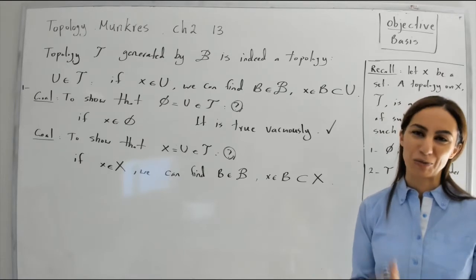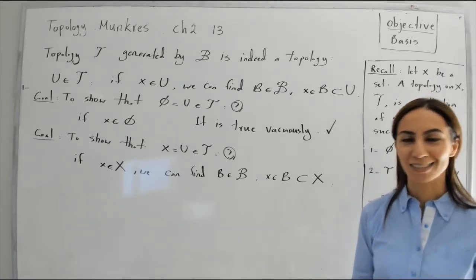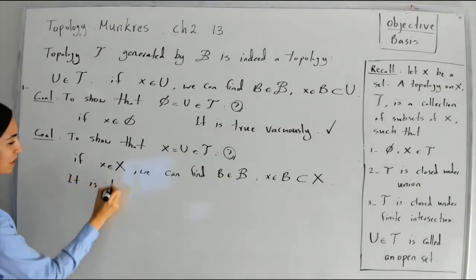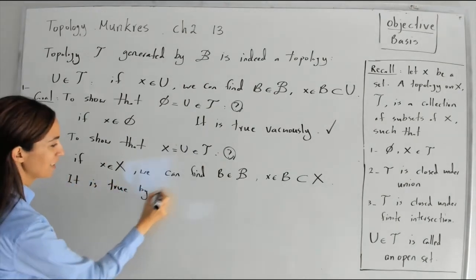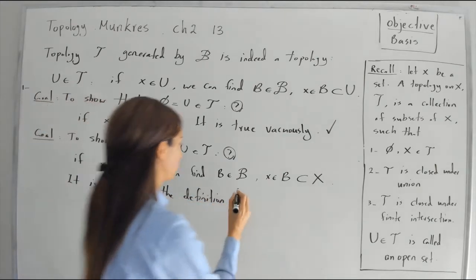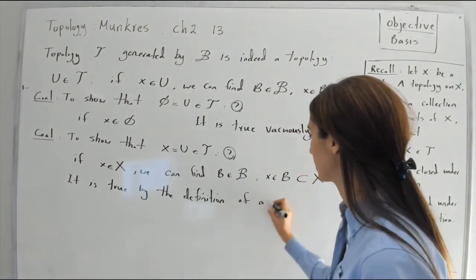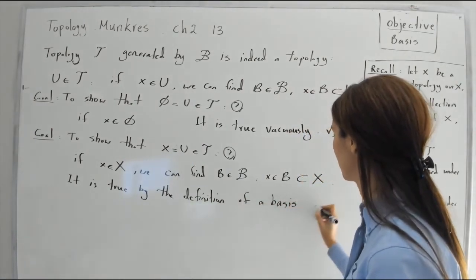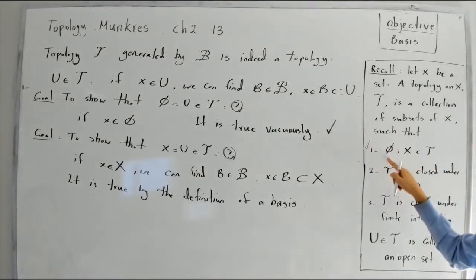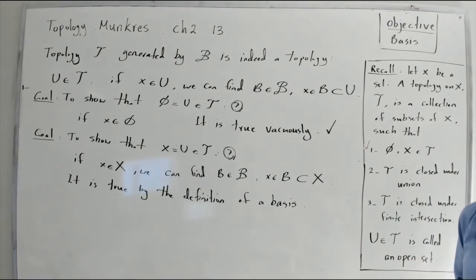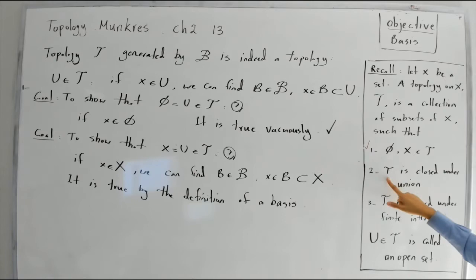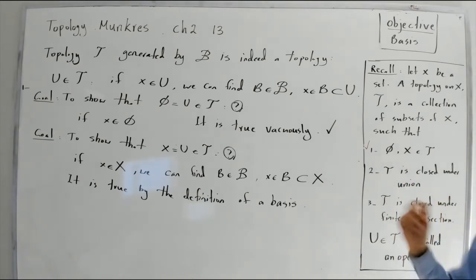Why is that? Remember the definition of a basis, number one. So it is true by the definition of a basis. This is number one. So we proved number one: the empty set and set X, both of them are members of this topology. Now we're going to show that this topology is closed under union.